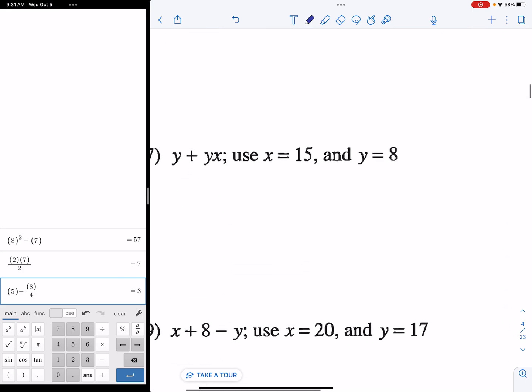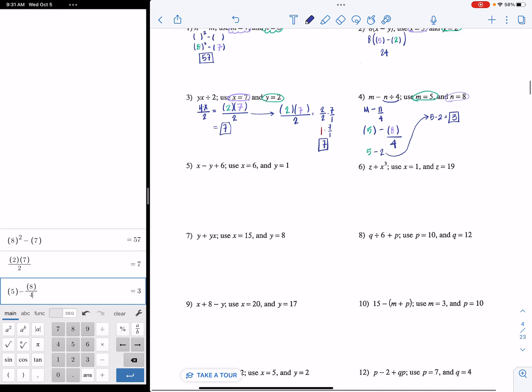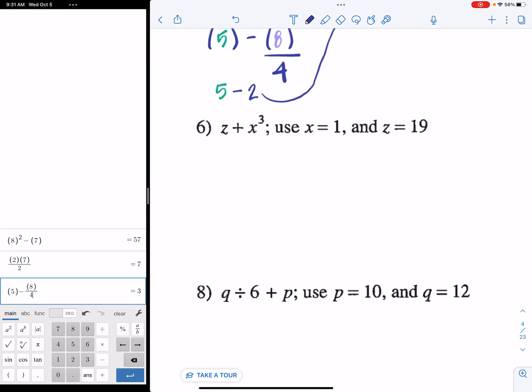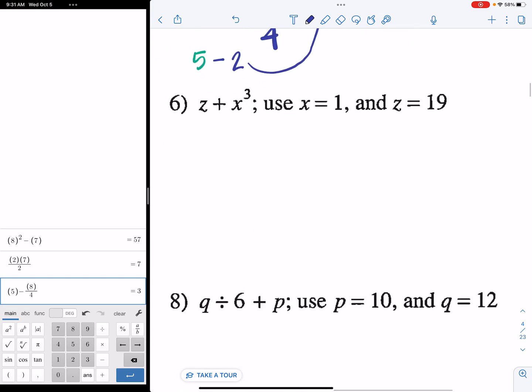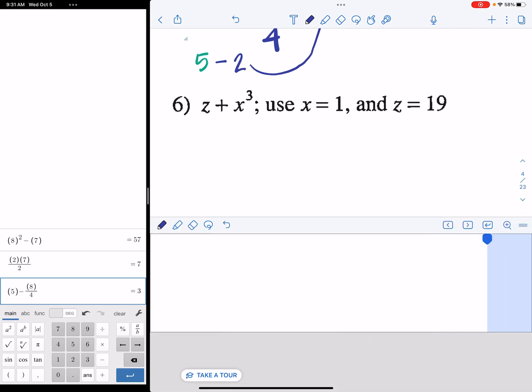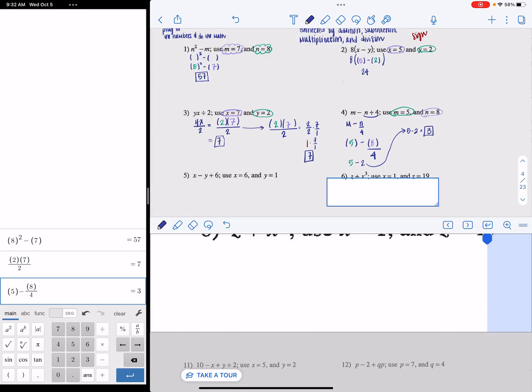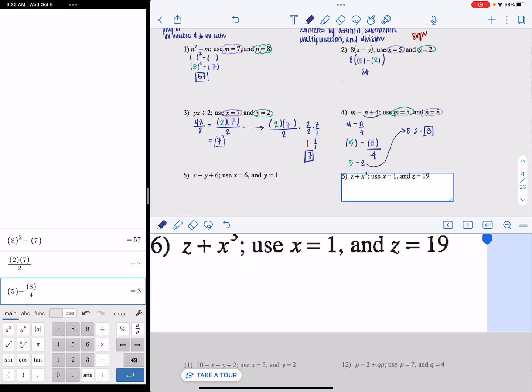Let's take a look at 6. I want to make sure that you know exactly how to handle that cubed in your calculator, should you choose to use it. I'm going to start out just like all the other ones. I'm going to write it out with my wholes.